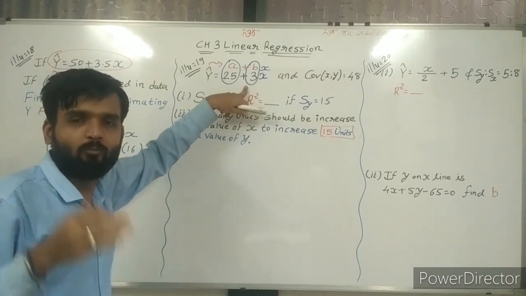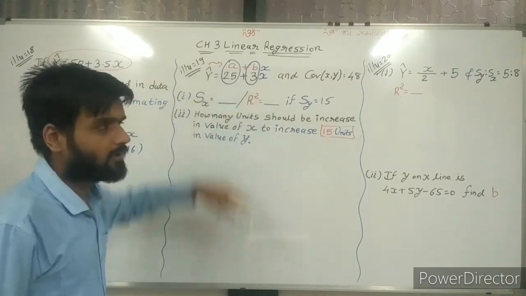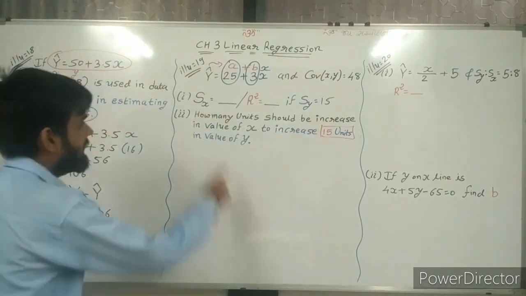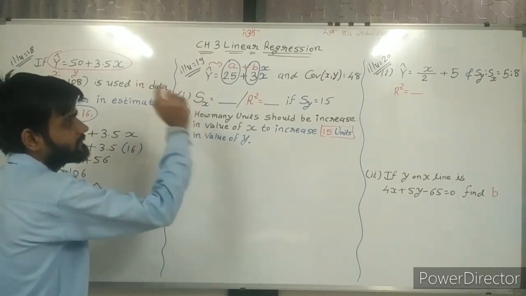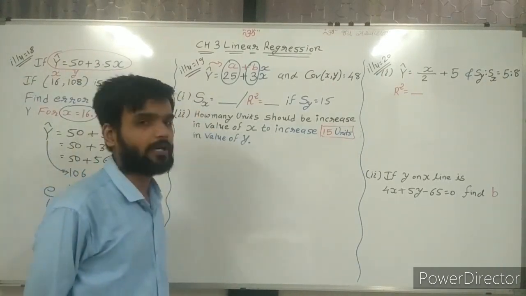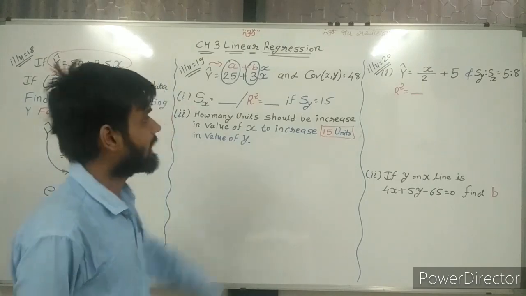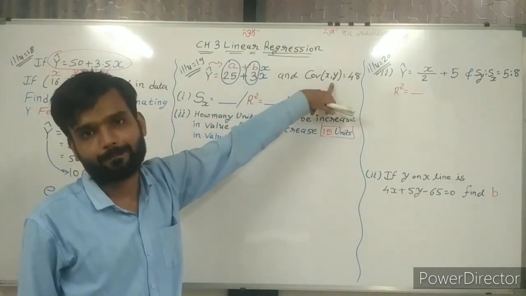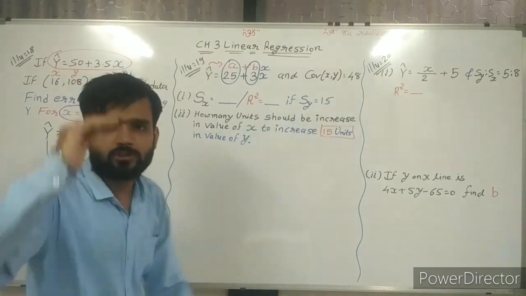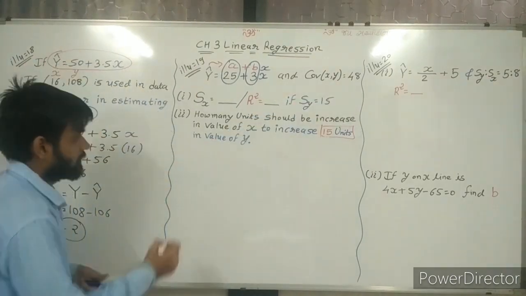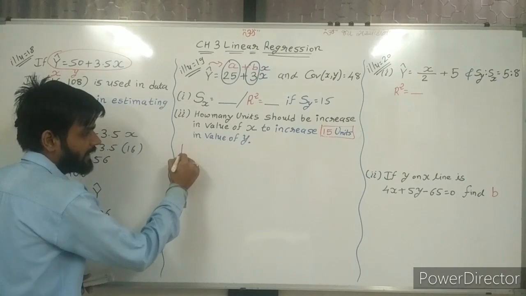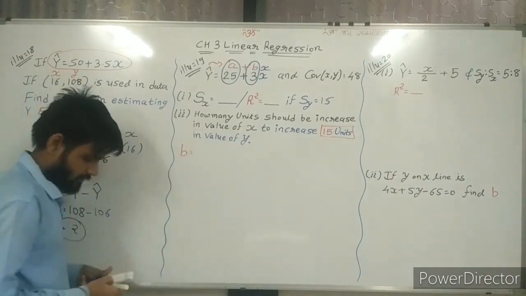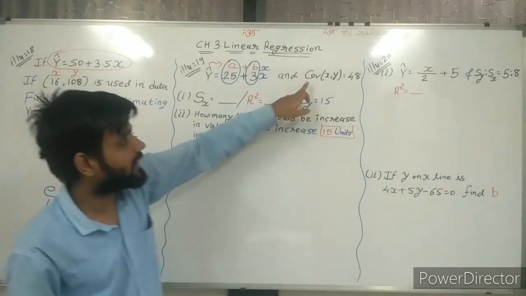Now, the most important thing. I need to find Sx, and I am given only the value of covariance of xy. So think, the value of b can be found by using covariance of xy.